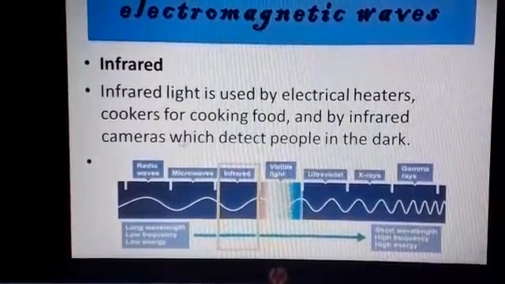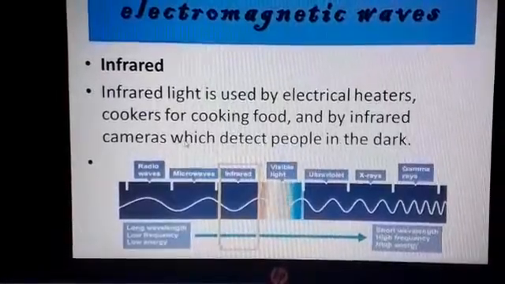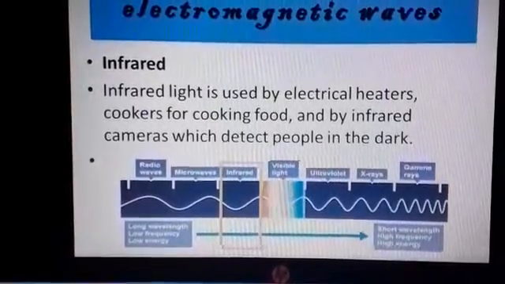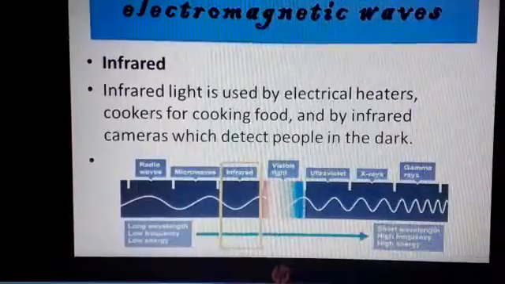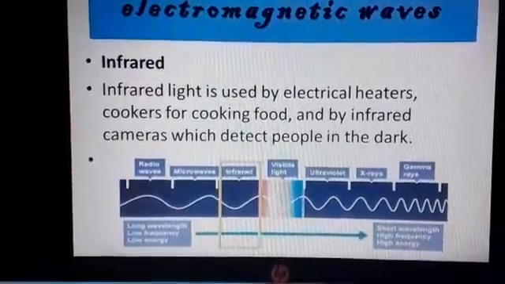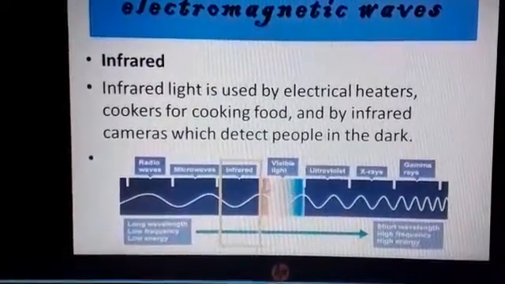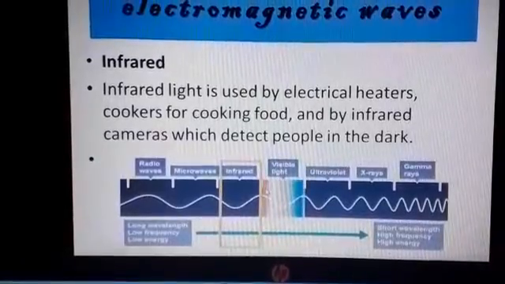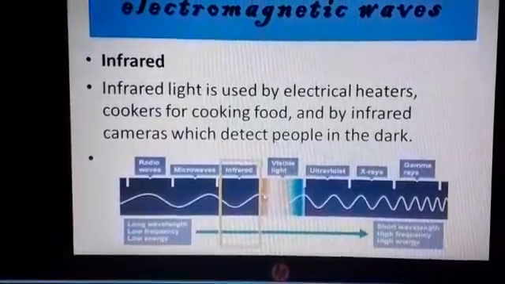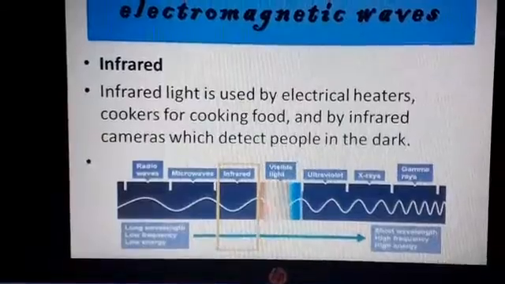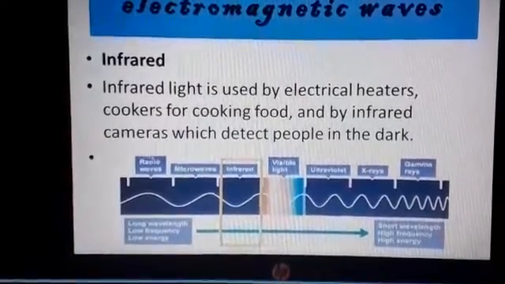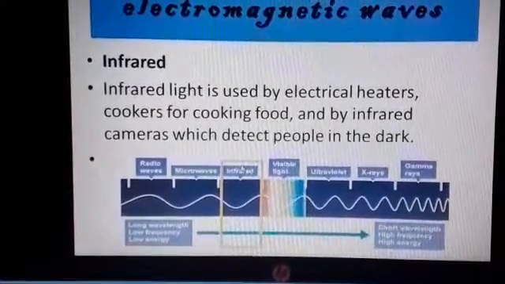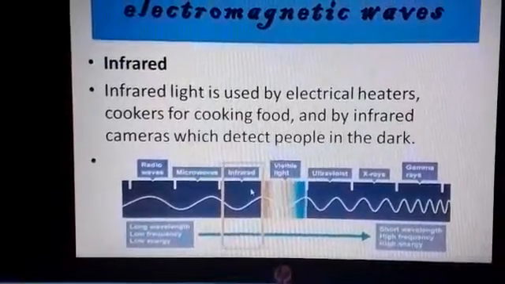Also, some organisms like snakes can use infrared to detect objects in the dark. So they recognize you as a source of heat, and therefore they can detect you even if it's dark. Not much of a survival chance for you, but a good survival chance for snakes, especially the ones who hunt in the dark or in caves or wherever.